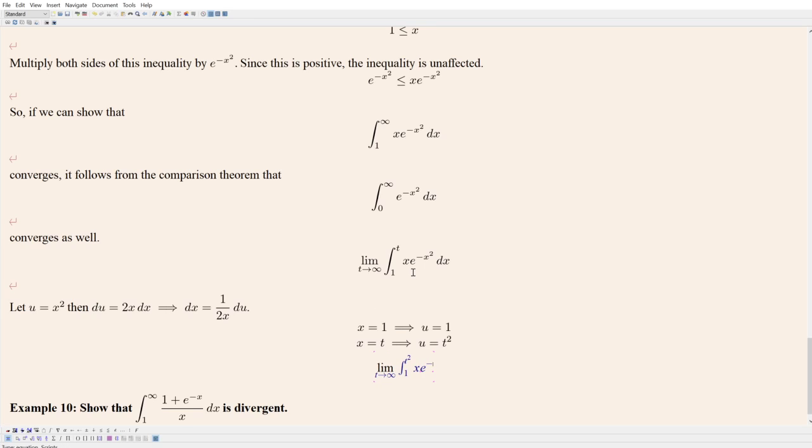x e to the minus u. And then instead of dx, I put 1 over 2x du. So those x's cancel. We have a 1/2 that we can pull all the way out, not only out of the integral, but out of the limit as well.